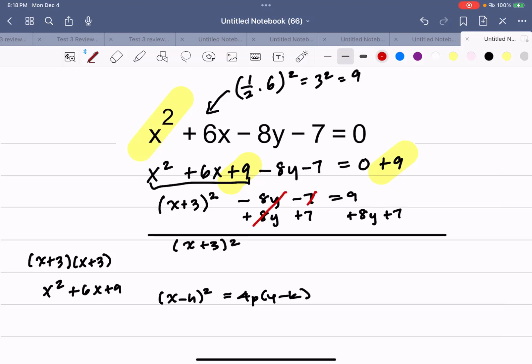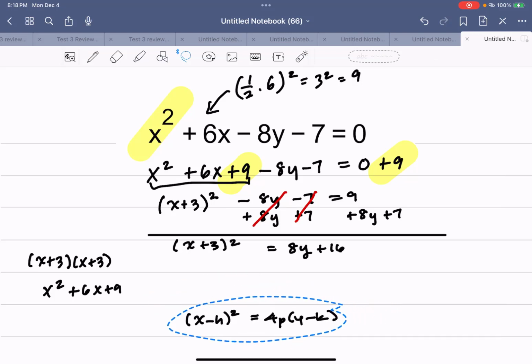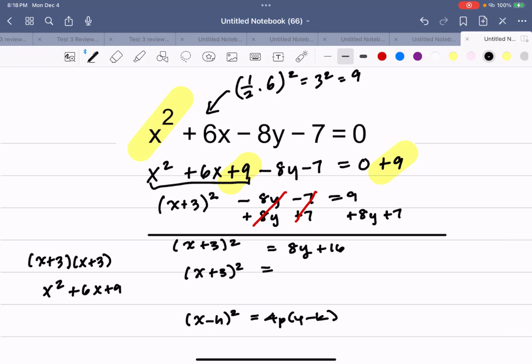Both of these will add to 0. And I'll get 8y plus 16. So to get it in my final format, I'm going to have to factor out an 8 on the right-hand side, and I'll get 8 times y plus 2.